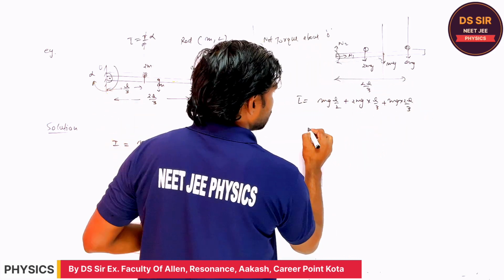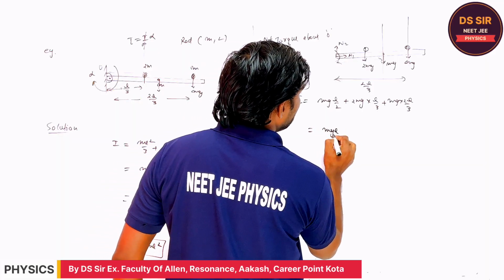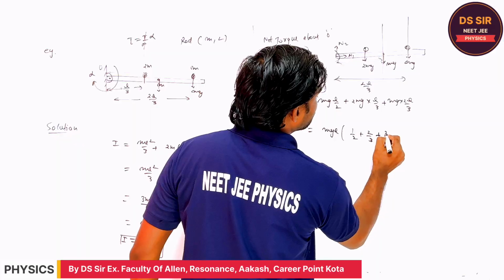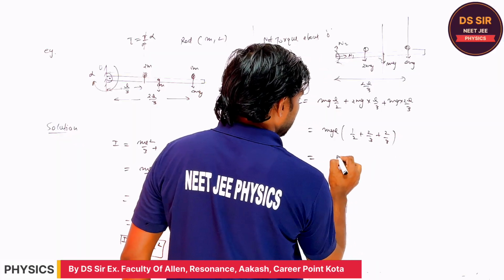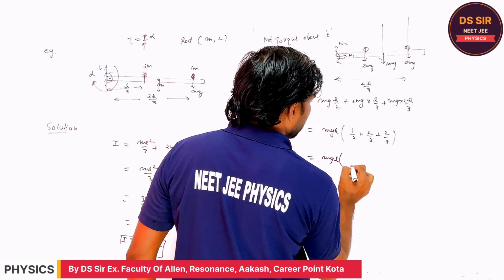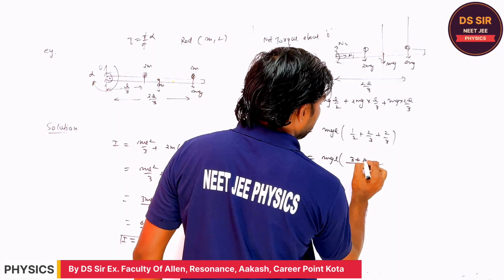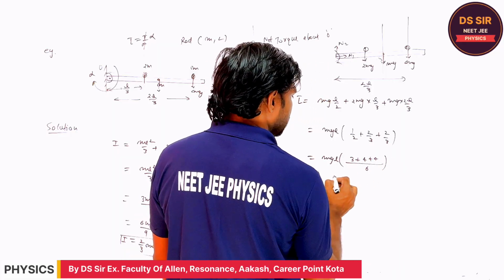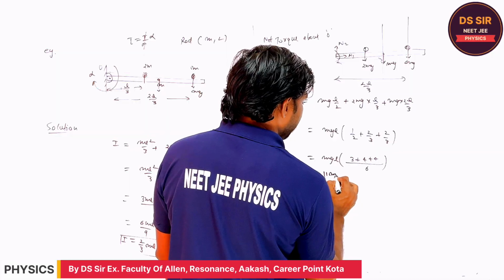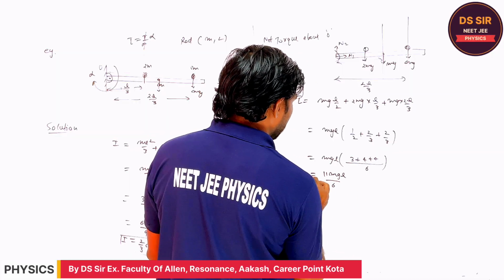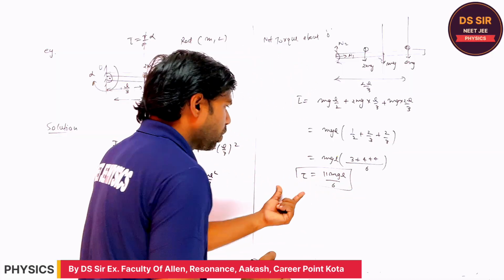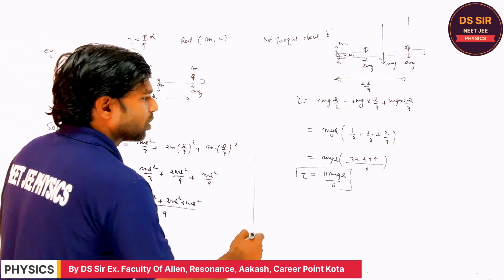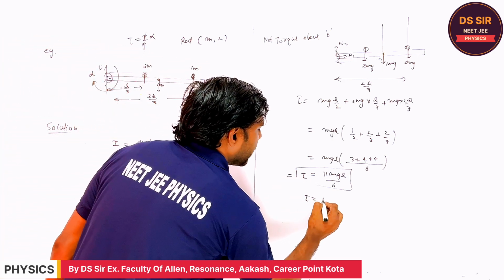So this is mgL by 2, plus 2 by 3, plus 2 by 3. If you take the LCM 6, it is 3 plus 4 plus 4, which is 11 mgL by 6, the net torque. So we have found the net torque, and we have found I. Then torque is equal to I alpha.